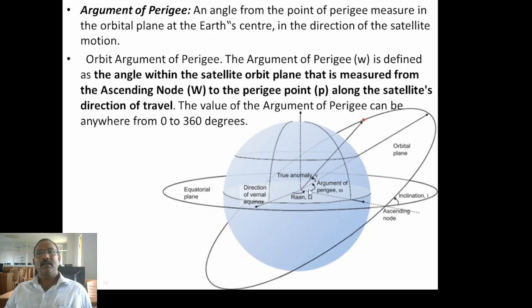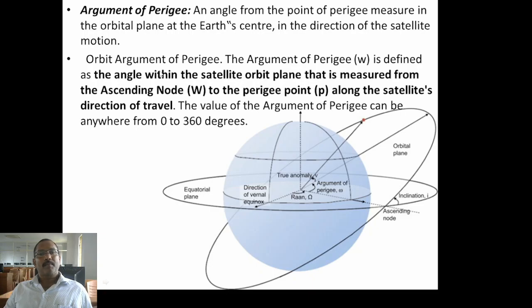So this is the argument of perigee: the angle from the point of perigee measured in the orbital plane at the Earth's center in the direction of the satellite's motion.